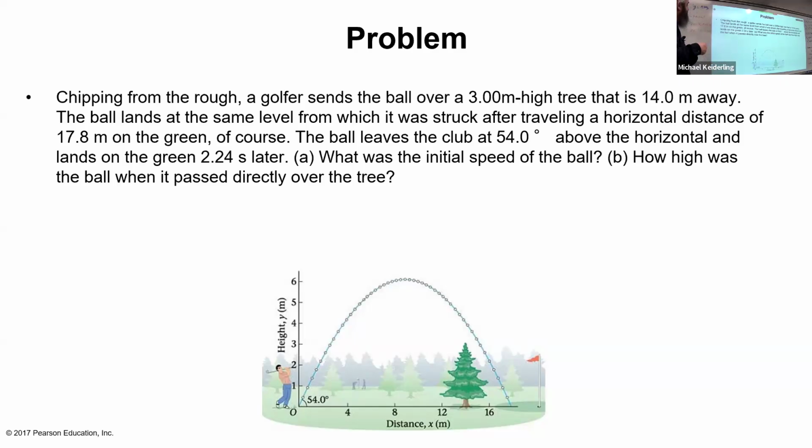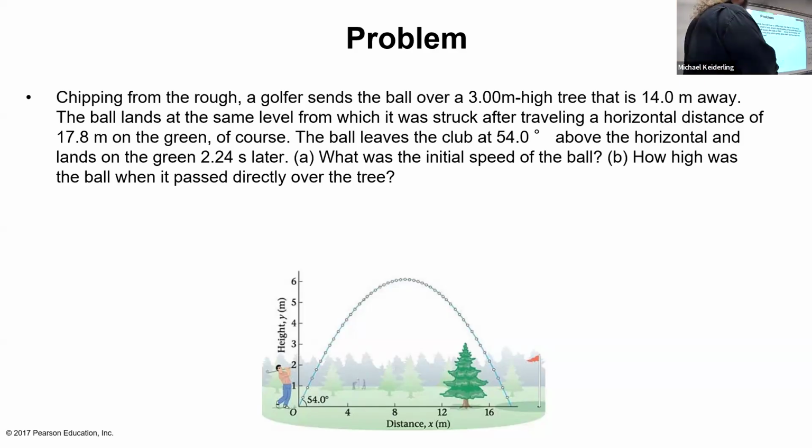With those, we can find the velocity in the x direction. With the angle, we can then find the initial velocity. And once we know the velocity in the x direction and the initial velocity, we could figure out the time it was above the tree, and then plug into our equations going forwards to find out what y was at that time.